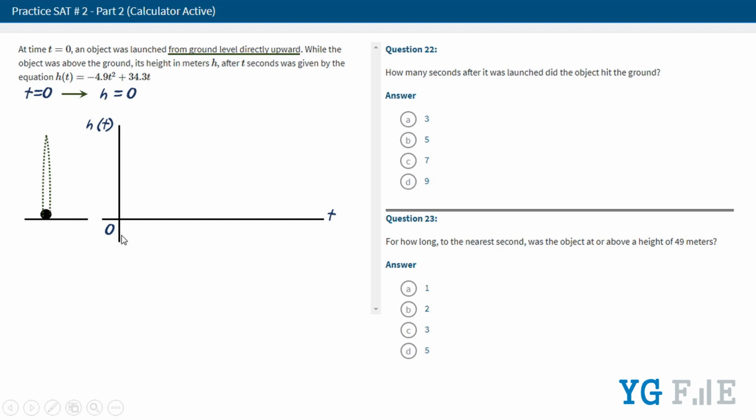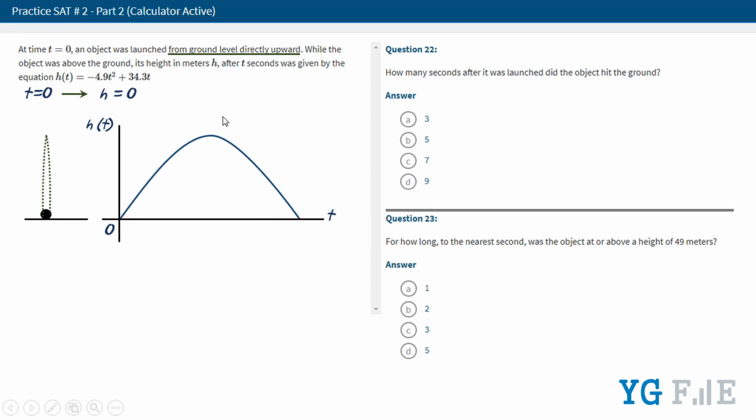At the early time, the height of the object will increase until it reaches the maximum height, and then it will decrease until it reaches the ground again. So the graph of the function will look like this parabola.